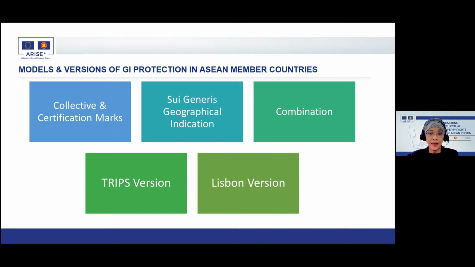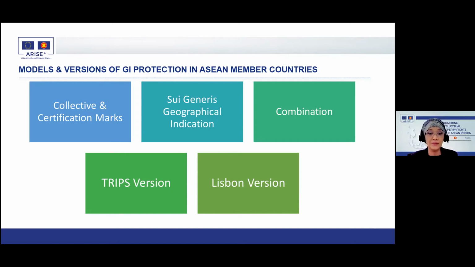So it results in different models and versions in protecting GI. Firstly, under the general trademark system, especially collective and certification marks. And secondly, by establishing sui generis legal systems, especially for geographical indication.